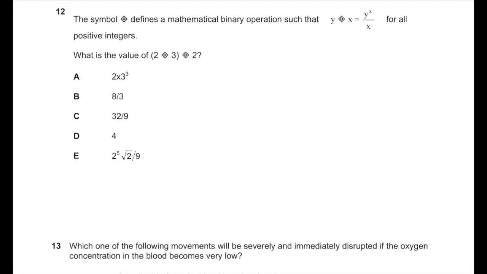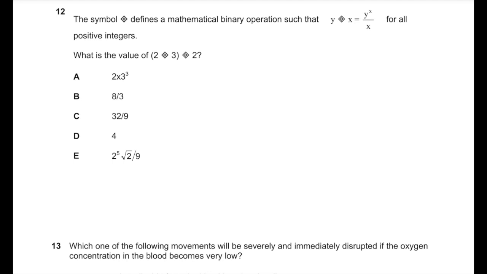The symbol defines a mathematical binary operation such that y symbol x is equal to y to the power of x over x for all positive integers. What is the value of open bracket 2, symbol 3, close bracket, symbol 2? So, this is a straightforward mathematical situation in which you basically follow BODMAS and do the operation twice.